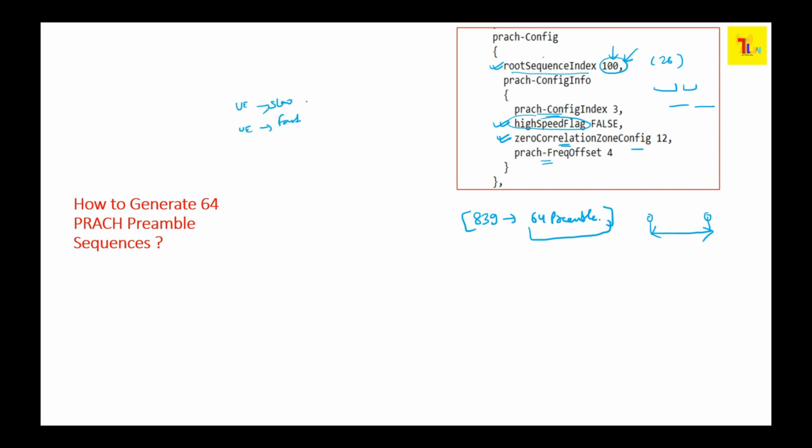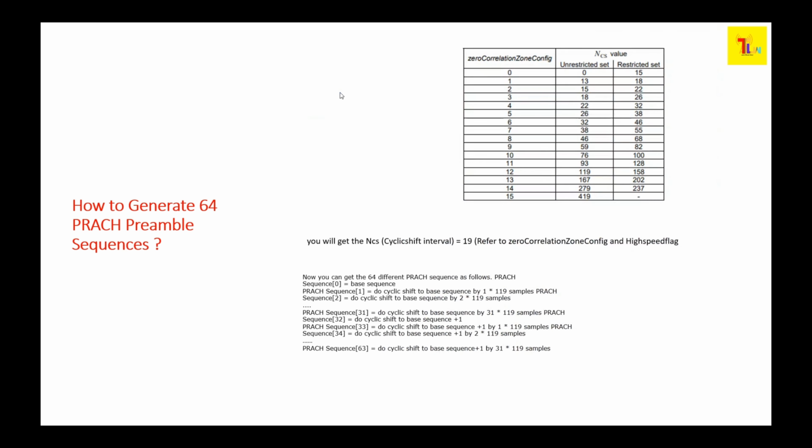Whenever it is slow, we need to choose a different zero correlation zone config, that cyclic shift NCS. We'll discuss that. If we are going with a slow moving object, then we need to go with the unrestricted set. If you are going with fast moving, then I will go with the calculation.